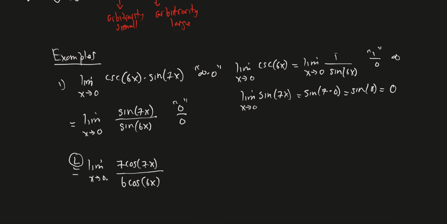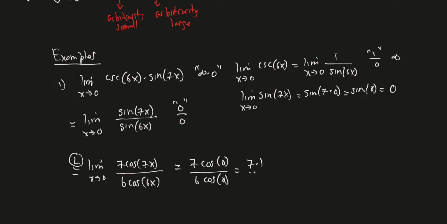And now, as x gets very, very small, the cosine of 7x and the cosine of 6x both approach 1. So it's no longer an indeterminate form. Let me write this as 7 times the cosine of 0 over 6 times the cosine of 0.